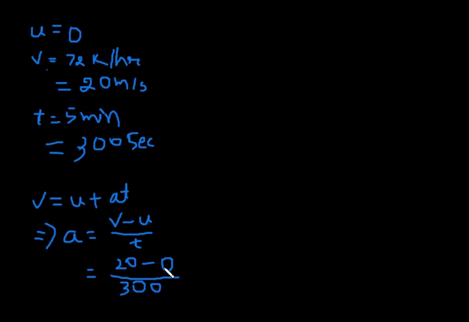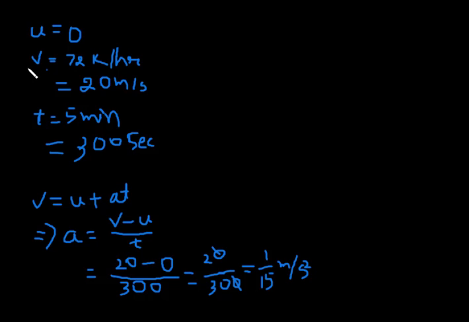So 20 minus 0 is 20, divided by 300. Now this 0 will get cancelled with the other, 2 divided by 30 is equal to 1 divided by 15. 1 divided by 15 meter per second square. This is the acceleration of the train.